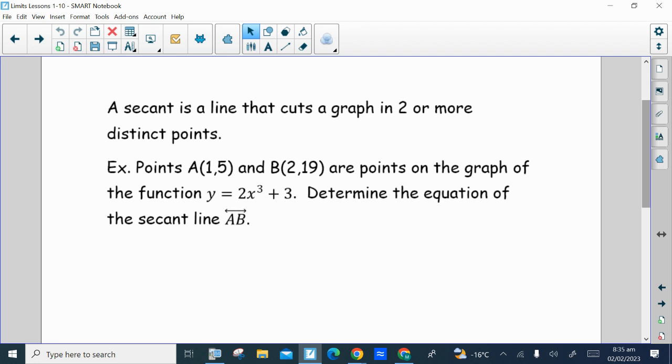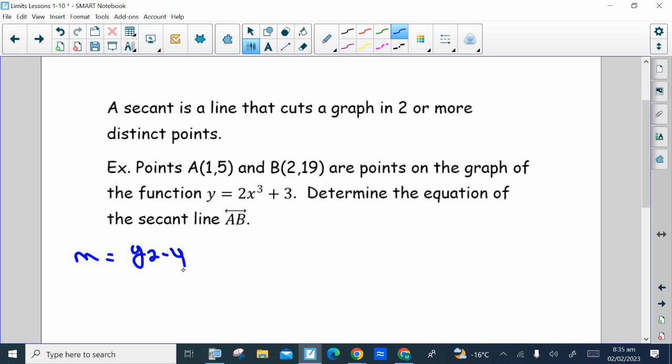So there's a couple different ways we can do this, but they both involve finding the slope of the line. And we can find the slope, remember, of a line, and also remember that in math, normally the letter m represents slope, by using the slope formula, y2 minus y1 over x2 minus x1.